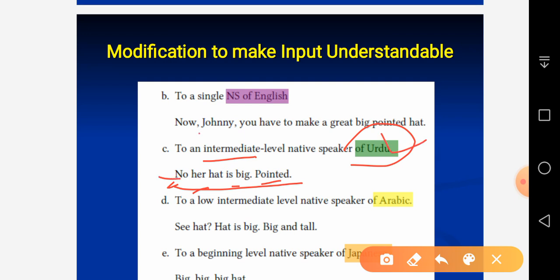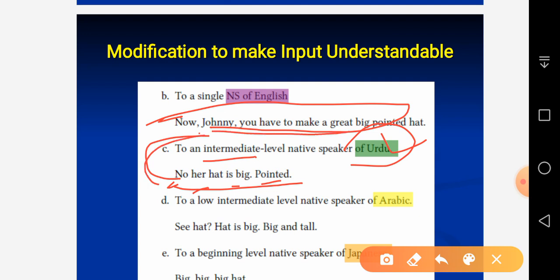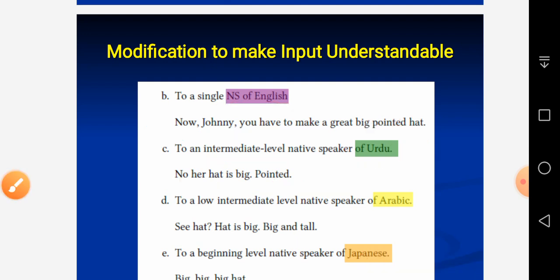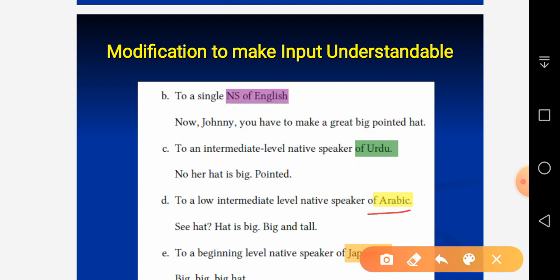Now compare this language with this one. This is addressed to the native speaker. Although this native speaker is also a learner and a kid, it is not as simplified as this one: "No, her hat is big pointed." Now for the Arabic learner, this is further simplified: "Hat, hat is big, big and tall." So the teacher is instructing an Arabic learner that he or she should make a big hat.